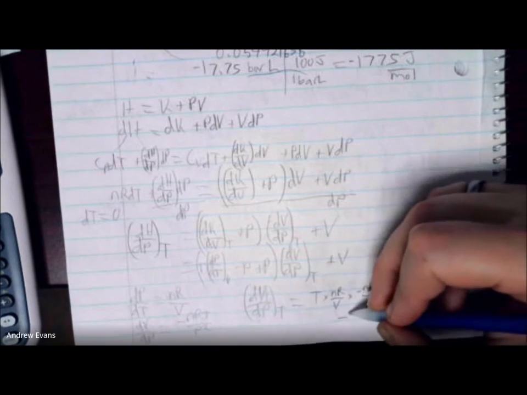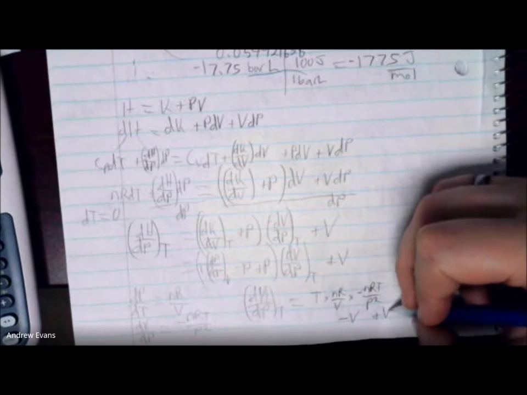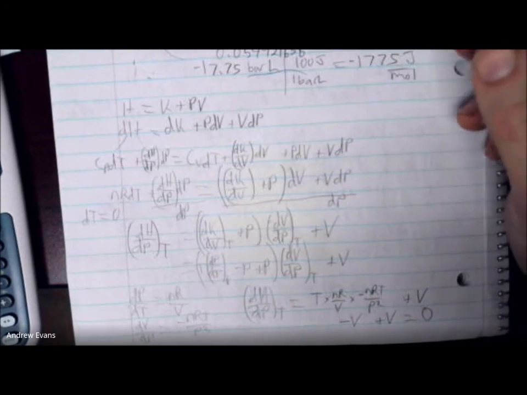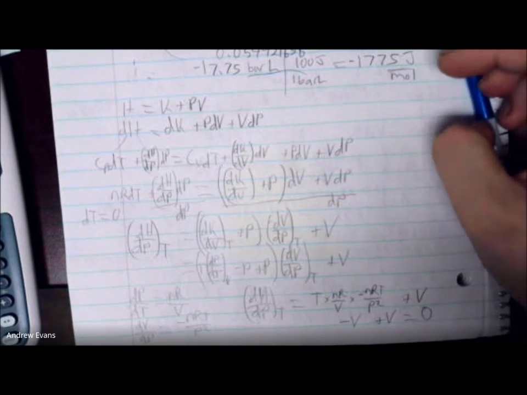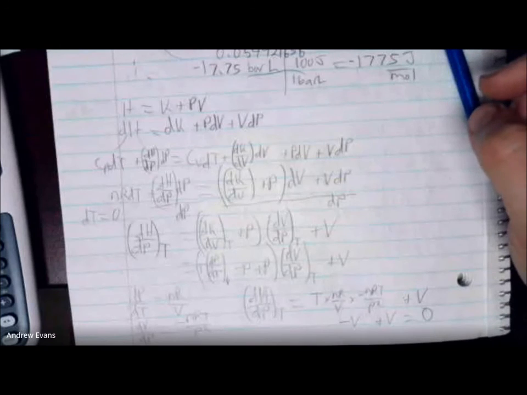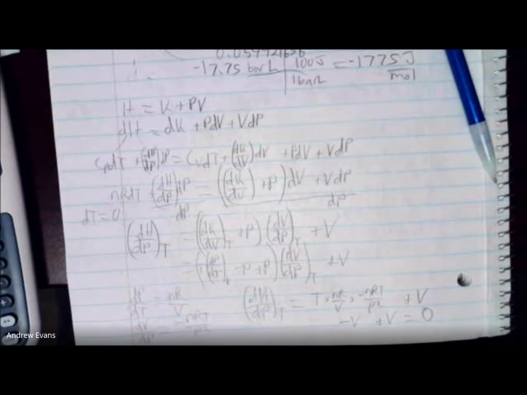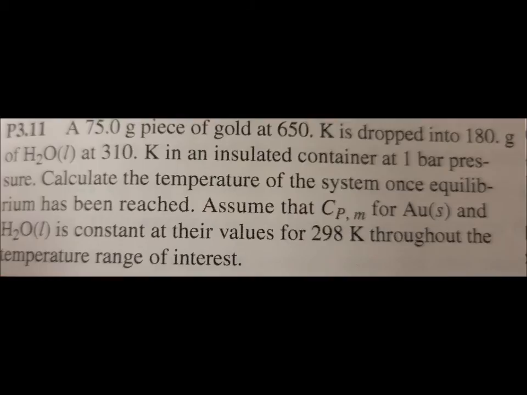So this becomes negative V plus a positive V, which equals 0. So mathematically, you can prove it to be 0, even though we should have already expected it to be 0 based on the fact it's an ideal gas.